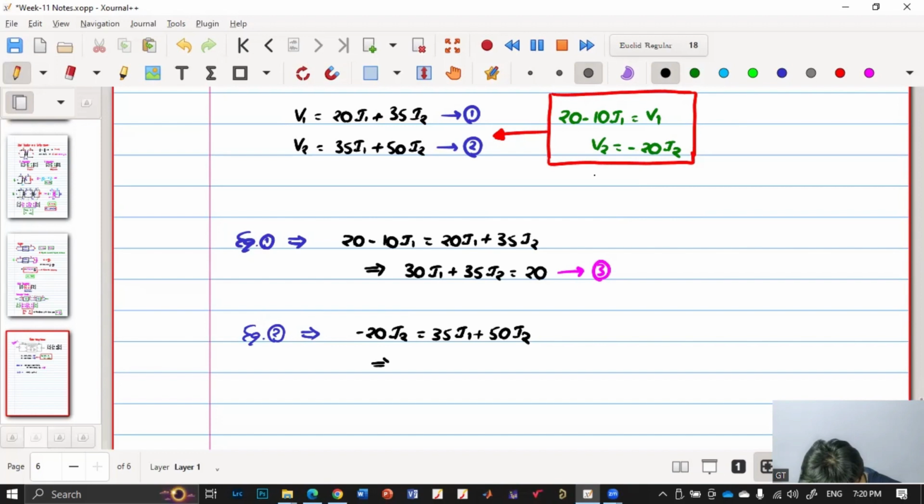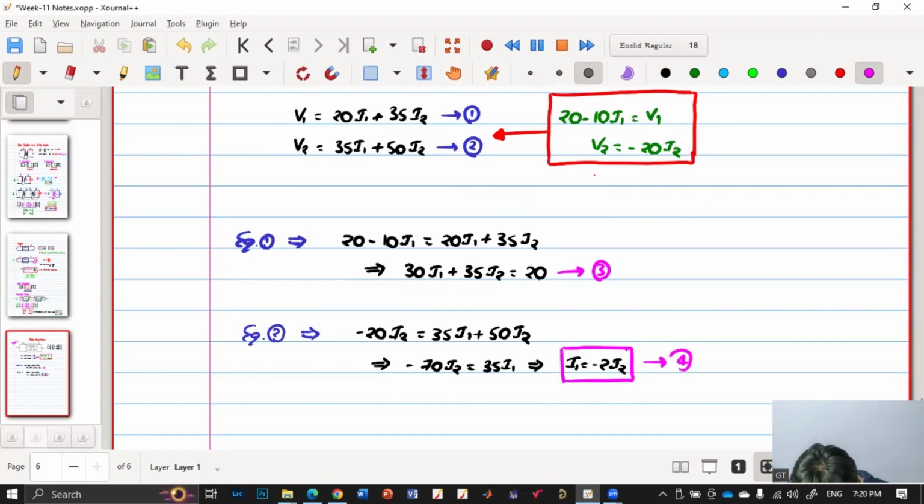If you bring 50 I2 to this side, we'll get minus 70 I2 equals 35 I1. That gives I1 equals minus 2 I2. And this will be our equation 4.